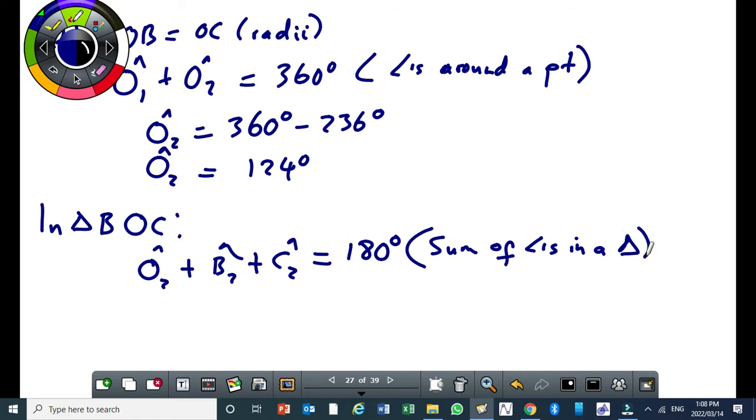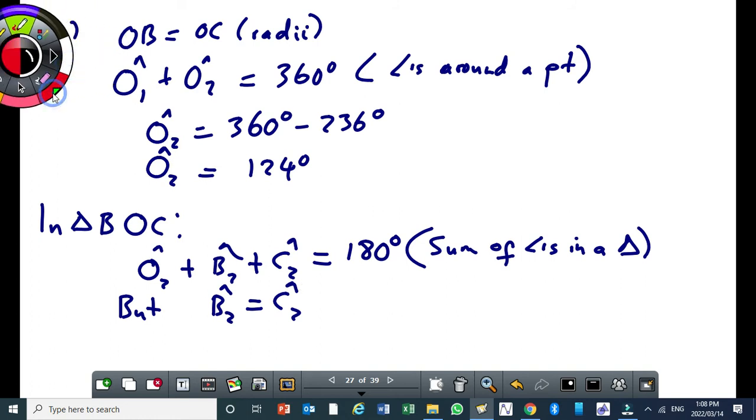But we want B2. We don't know what C2 is. But B2 is equal to C2. The reason why these two are equal is because of what I wrote here at the beginning. So, my reason will be angles opposite equal sides.